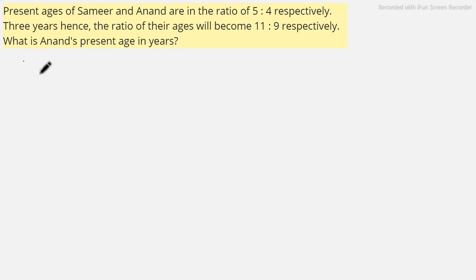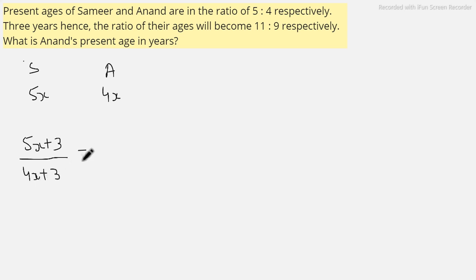So it is given that Samir's age and Anand's age are in the ratio, so let's say the age of Samir is 5x and age of Anand will be 4x. 3 years hence, after 3 years, what will be their ages? 5x plus 3, and after 3 years the age of Anand will be 4x plus 3.